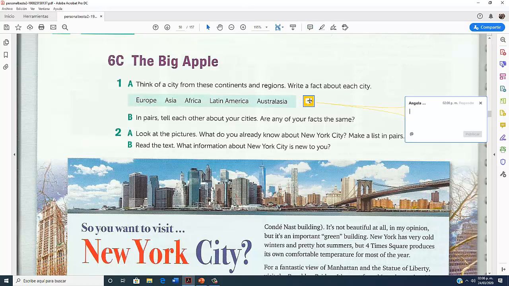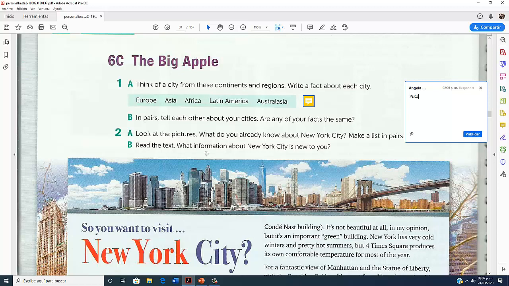Let's think about the country. Oh no, but here it says, think of a city from one of these continents and regions. So let's talk about Latin America, for example. We have to think about the country and write some facts about that place. Latin America, which country can we talk about?